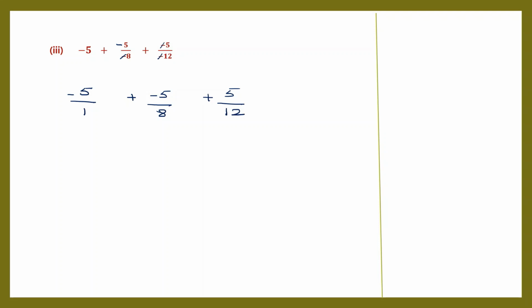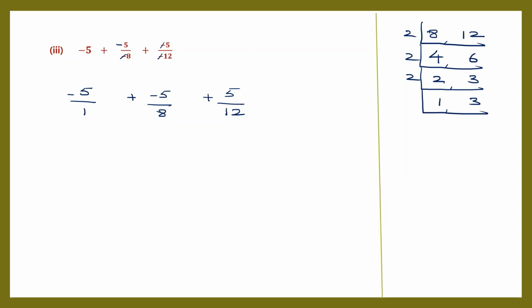Now let's find the LCM of the denominators 8 and 12. Let's use 2. 2 fours are 8. 2 sixes are 12. 2 again. 2 twos are 4. 2 threes are 6. Again let's use 2. 2 ones are 2. We bring down 3. Now 3, 1 and 1. So what is our LCM?